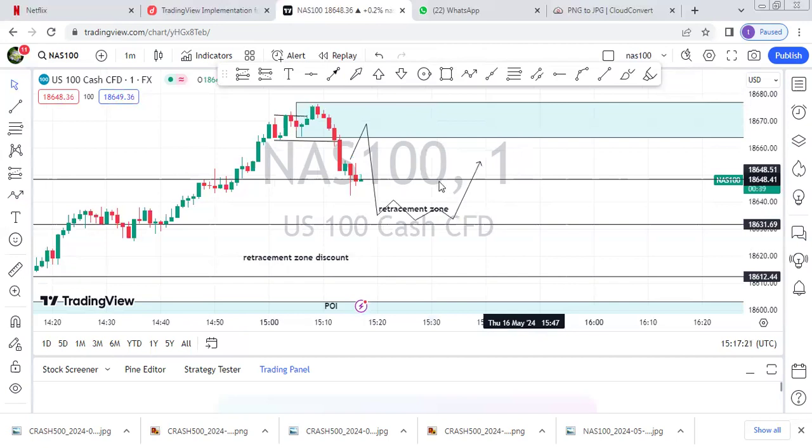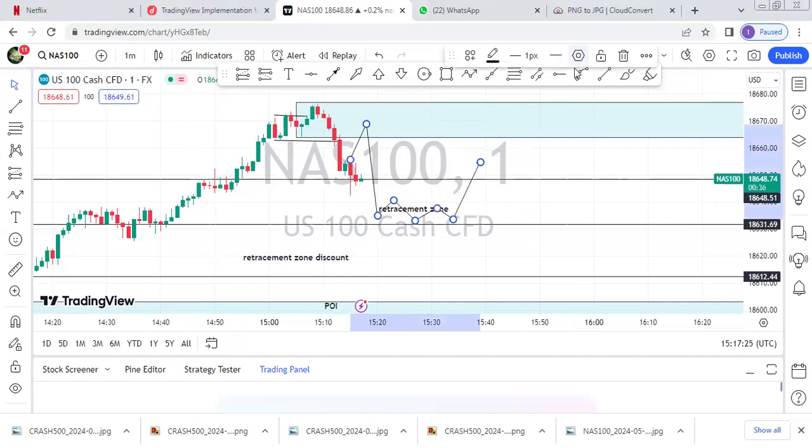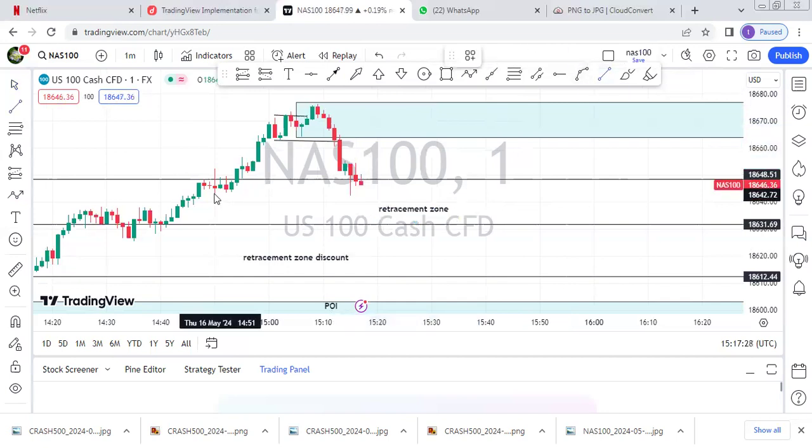So if maybe we don't respect this zone here, because on the 1 minute I can see a change of character, like this liquidity that was created here, some sort of an SMT that was created here, from the zone here, before we created that liquidity. So I think this is what we're looking for now.